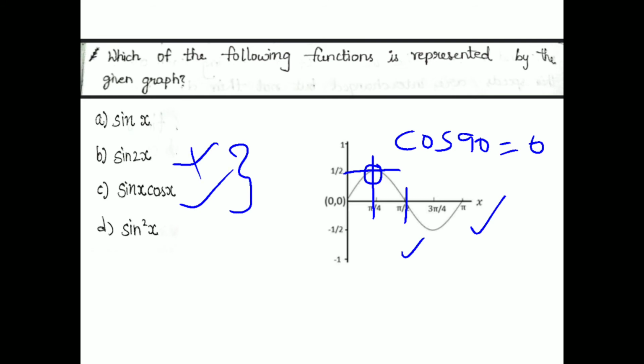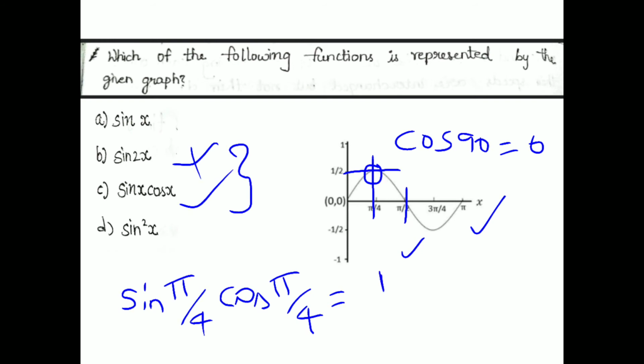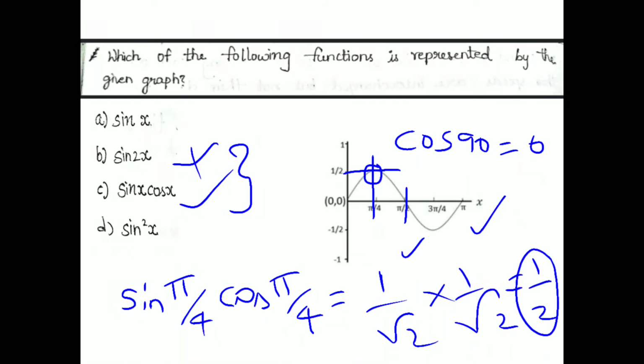Now we need to observe whether it satisfies this condition. Sin pi by 4 into cos pi by 4: sin pi by 4 is 1 by root 2, and cos pi by 4 is also 1 by root 2, that is 1 by 2, which is half, which we can find here.